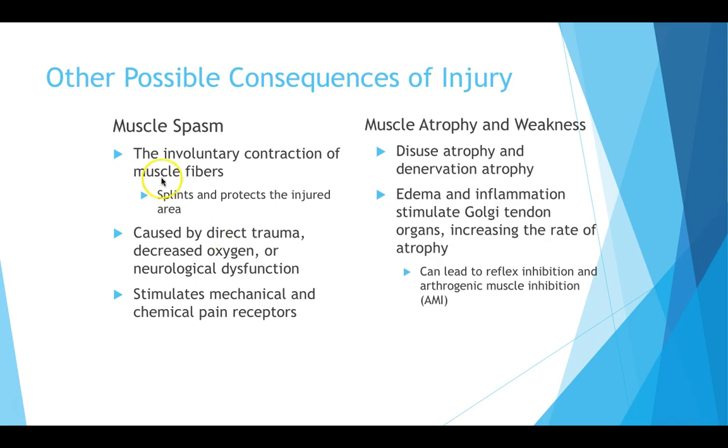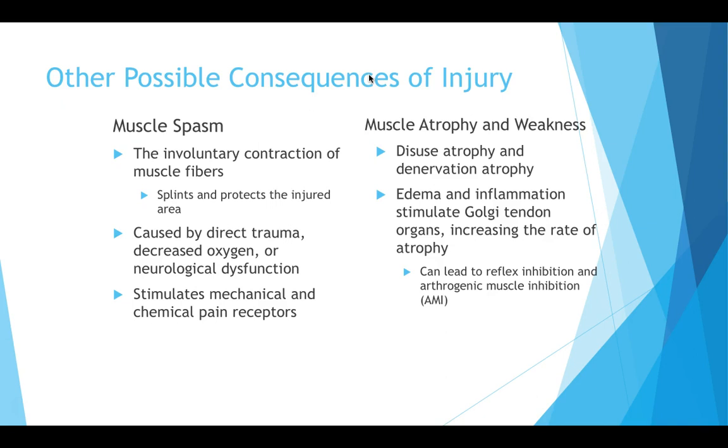Another side effect is if we don't control this muscle spasm, or we do so well, we put them in protection, we put them in an ankle brace, in a cast, on crutches, in a sling, and we don't do all of that really good progressive resisted activity that's part of our rehab, right?